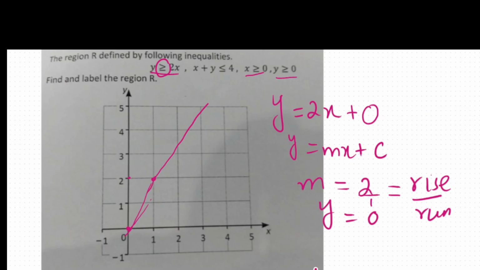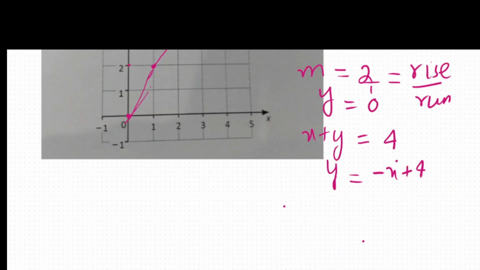Next, the associated equation for the second inequality will be x plus y is equal to 4, and we will adjust it: y is equal to minus x plus 4. Comparing it with the standard form y equal to mx plus c, my gradient or slope is minus 1 over 1.